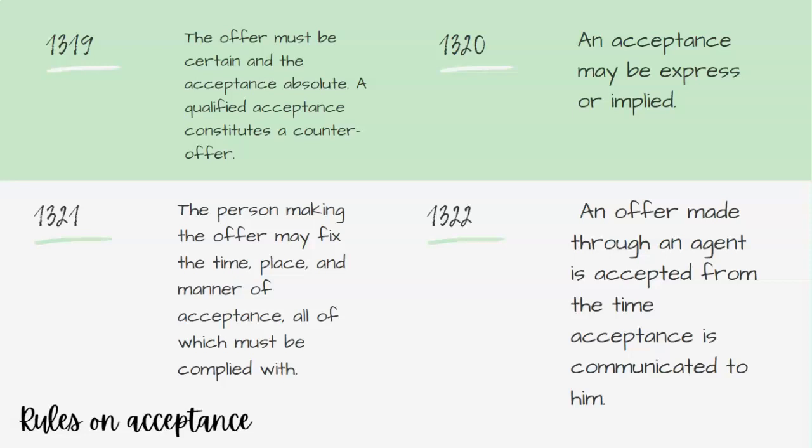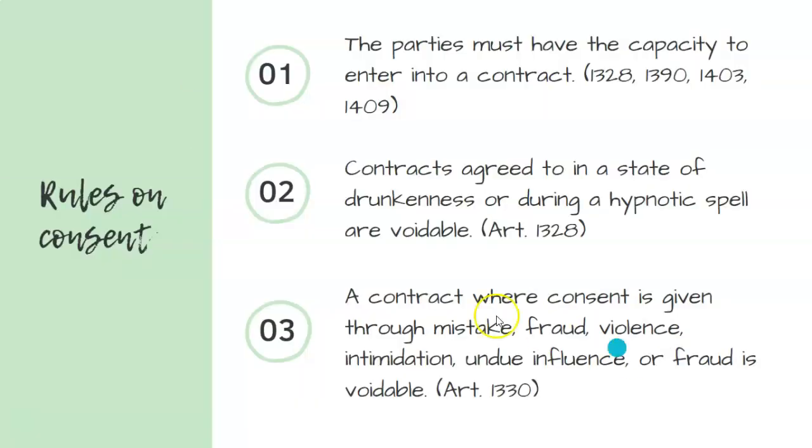Now, let's proceed with yung rules on consent. Kasi yung una, rules on offer and rules on acceptance. Now, what are then the rules of consent? Take note, the parties must have the capacity to enter into a contract. Second, contracts agreed to in a state of drunkenness or during a hypnotic spell are voidable.